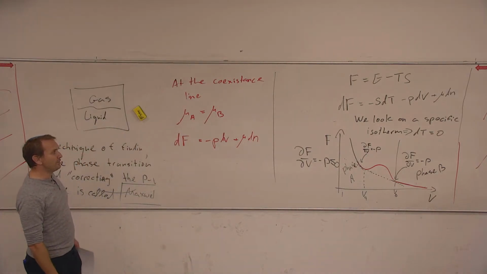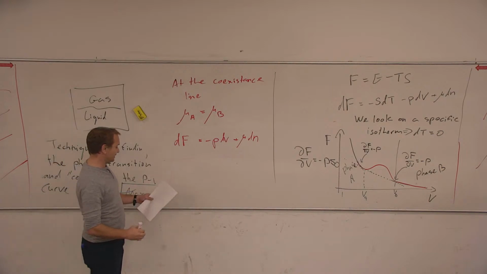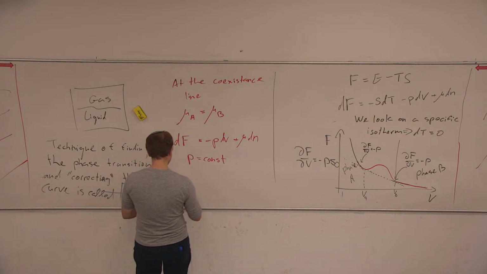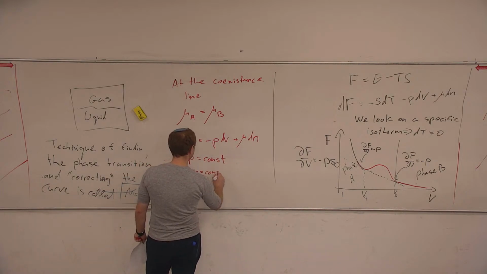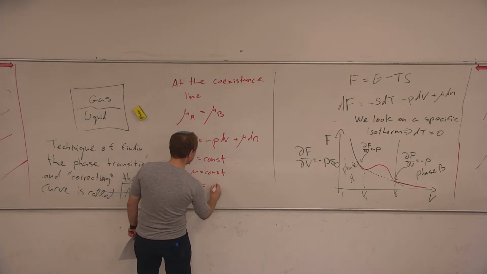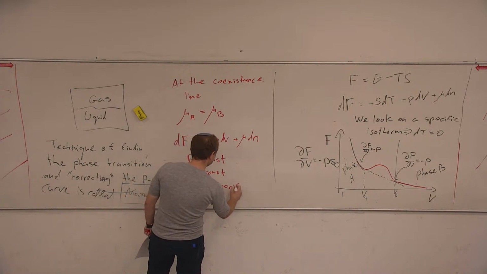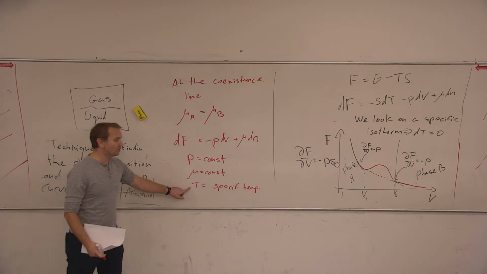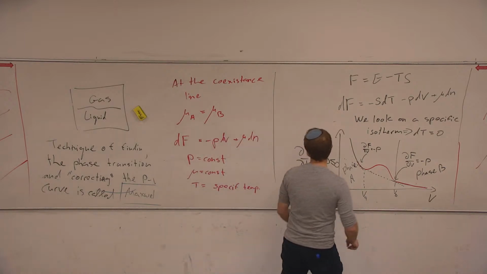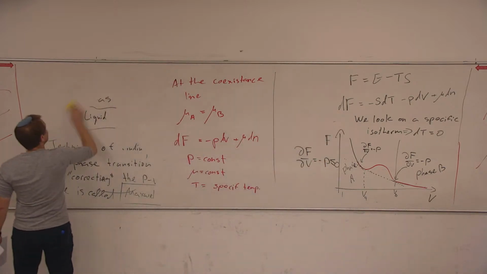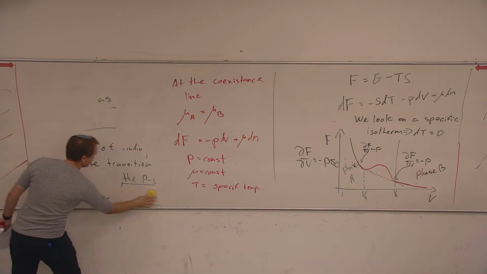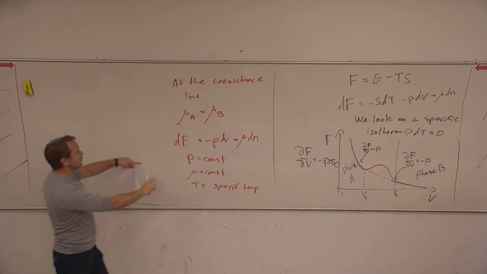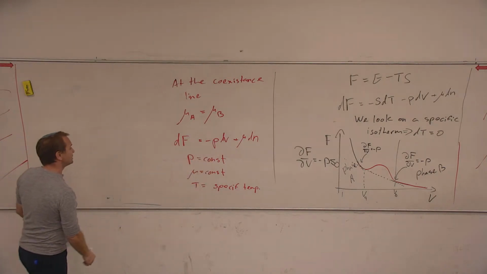Now, what do I know that happens exactly on the coexistence line? I know that P equals constant. I know that mu is constant. And T equals a specific temperature. So I'm simply not modifying T. What comes out of this equation if I'm assuming all those constant guys?